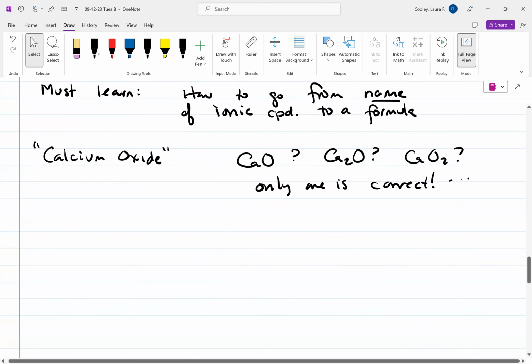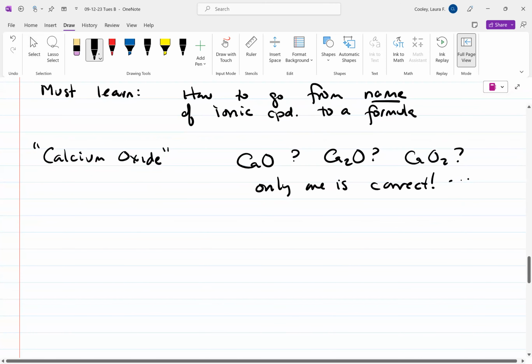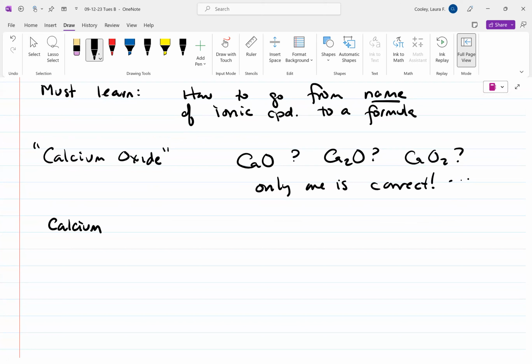It starts with looking at what the individual ions are and what the ion charges are. So start by looking at calcium and locate it on the periodic table. You will see it's in the second column. That's group 2 or 2A, depending on what numbering system you use.